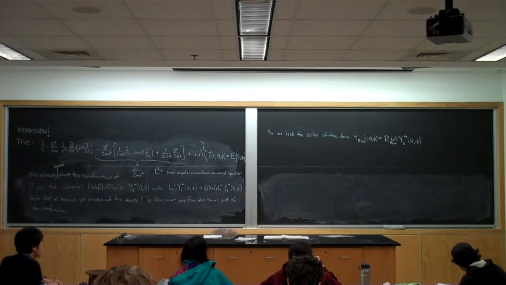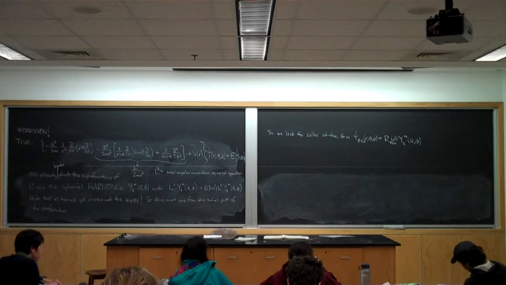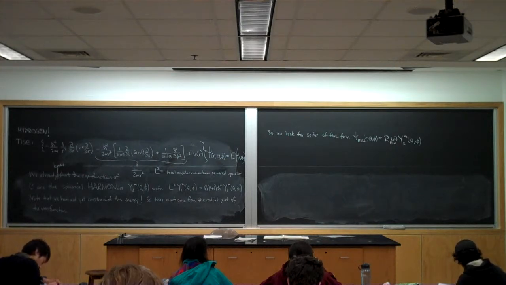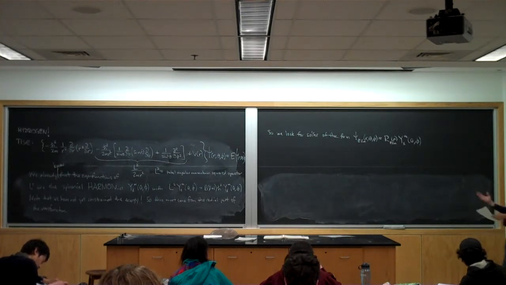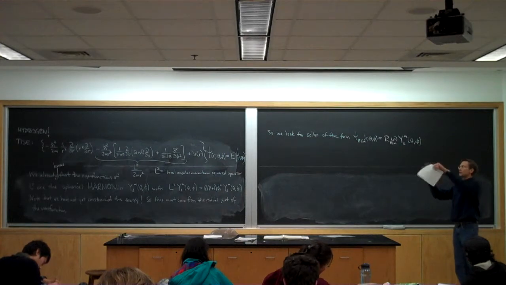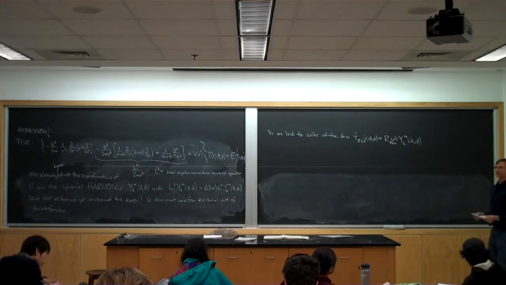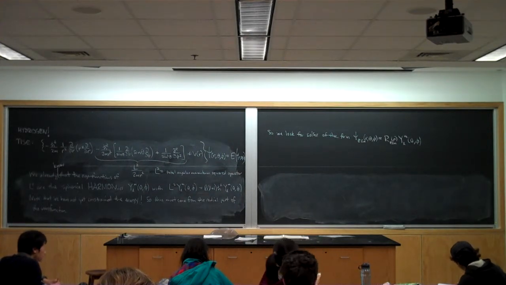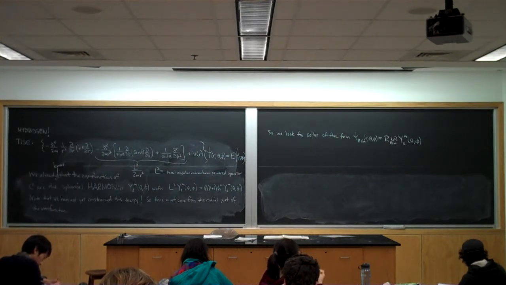We haven't said anything about what V of r looks like. We're going to make V of r the hydrogen V of r, but in the book you'll see details of a solution for, well, what about the spherical box, as it were? In other words, you've got a particle that has to live inside some hollow sphere. It's not allowed to go outside of it. And you can solve for what the radial part of the wave function looks like in that case.